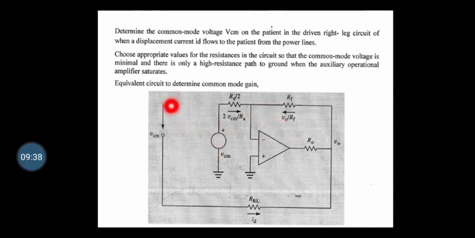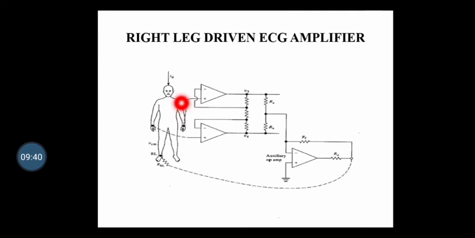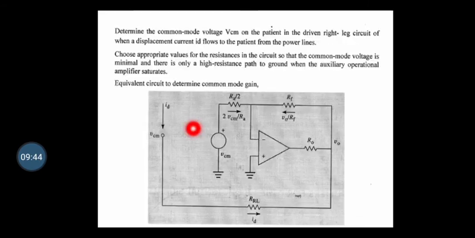This is the unwanted electric signal ID, which enters through the head of the person. Then choose appropriate values of resistance in the circuit so that the common mode voltage is minimal, and there is only a high resistance path to ground when the auxiliary operational amplifier saturates. The equivalent circuit to determine the common mode gain is shown in the figure.